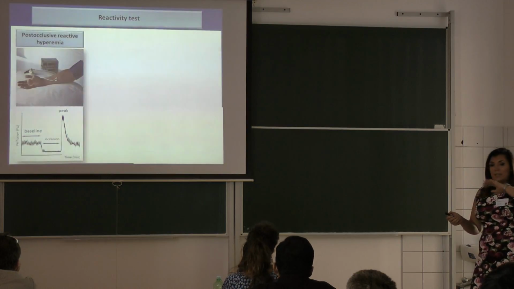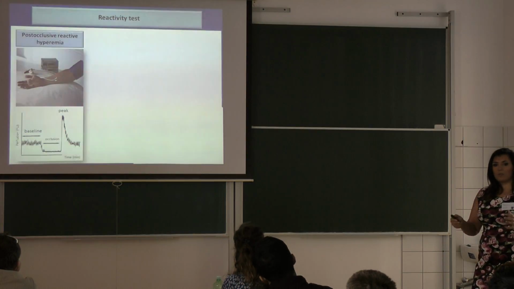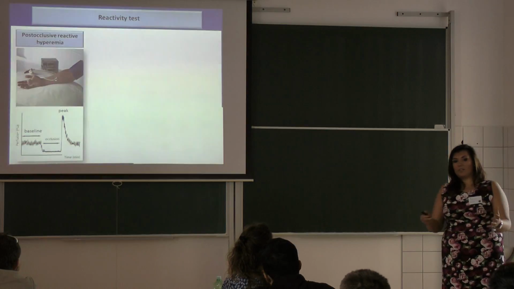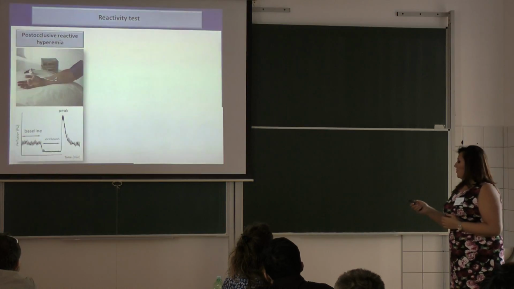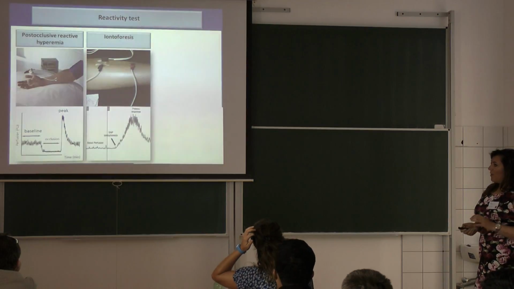For example, in diabetes, this beautiful sharp peak disappears, the peak flow is reduced, and the recovery is prolonged. So in some diseases there are characteristic changes in these reports. You can use the iontophoresis method.